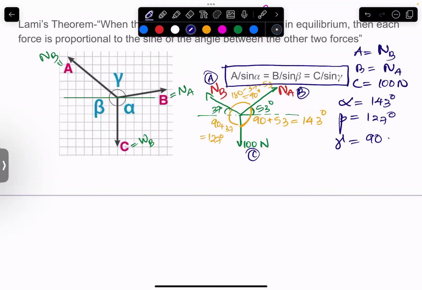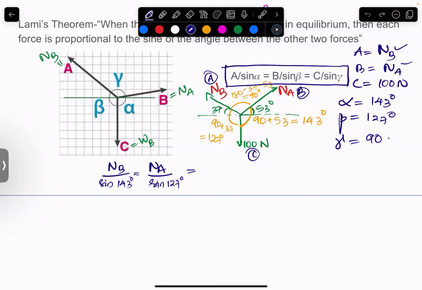So you have got all the values. You have to now find the reaction forces NB and NA. How to find that? A by sine alpha, that is NB by sine 143 degree, equals B by sine beta, that is NA by sine 127 degree, equals C by sine gamma.